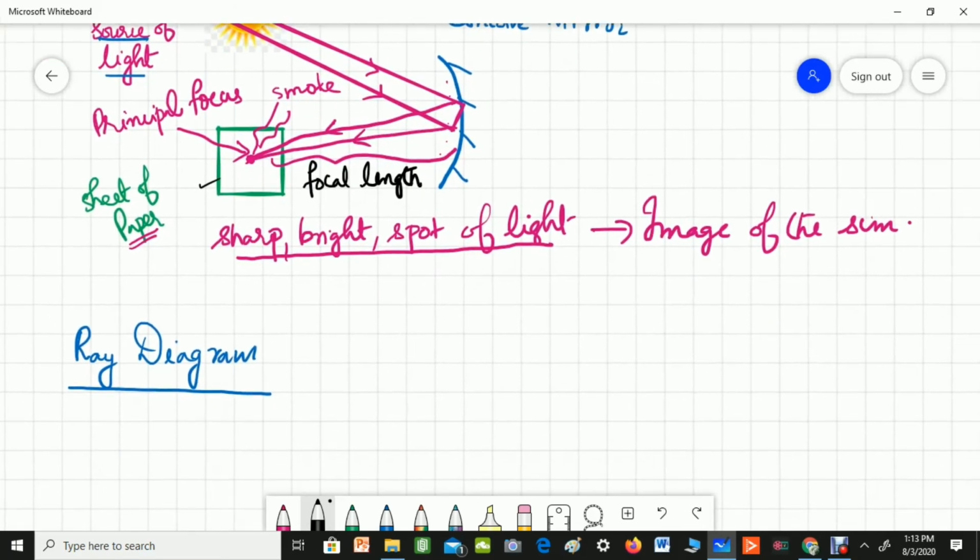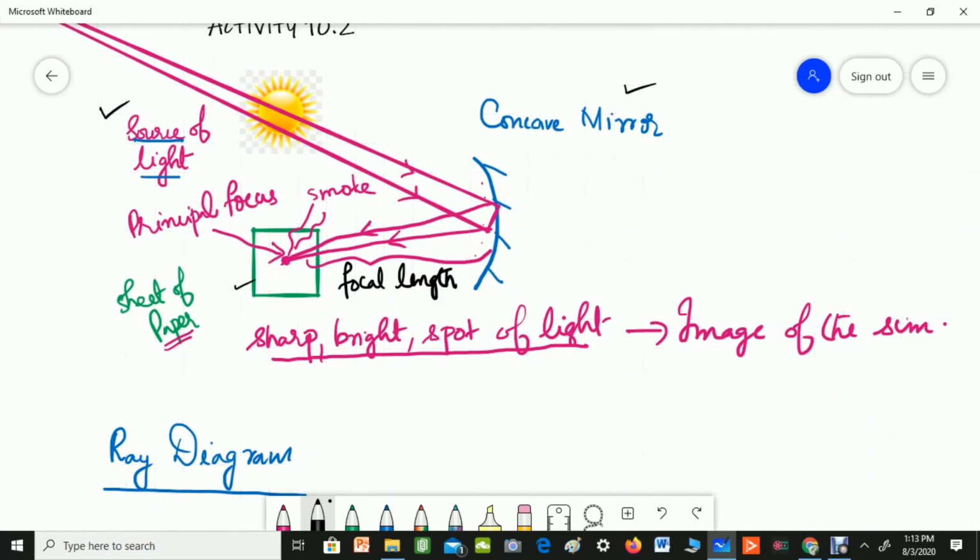In this case, the source of light is the sun, and it is far away from the concave mirror, so we use the word infinity. The sun is your object, and it is at infinite distance, or we say the object is at infinity, and the type of mirror used is a concave mirror, and you get an image on the sheet of paper.